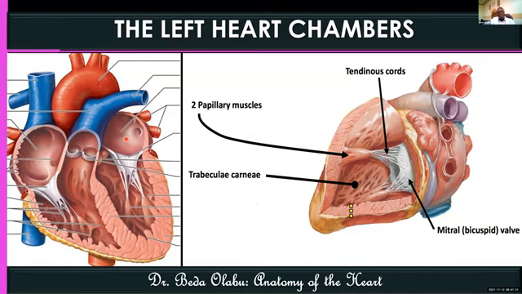So the left auricular appendage is trabeculated, but the rest of the left atrial chamber is just smooth. Remember, there are four veins that open into the left atrium.